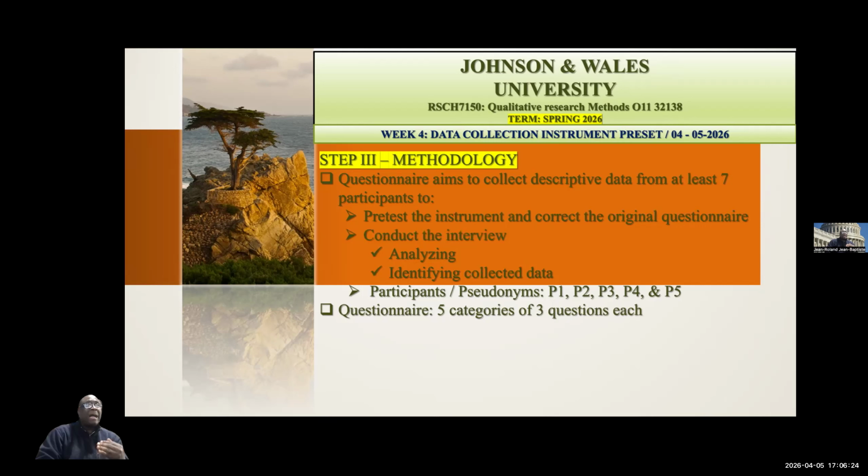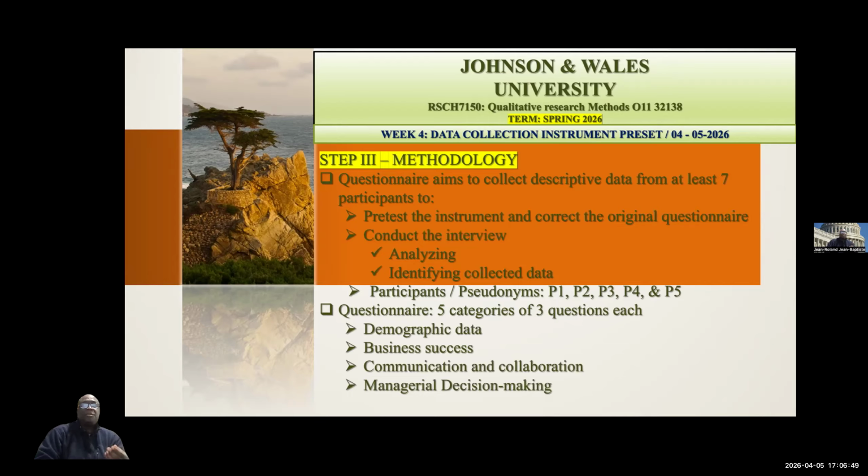The questionnaire is comprised of 5 categories of 3 questions each. The first category is demographic data. The second one is business success. The third one is communication and collaboration. The fourth one is managerial decision-making. And the fifth one is social constructivism.